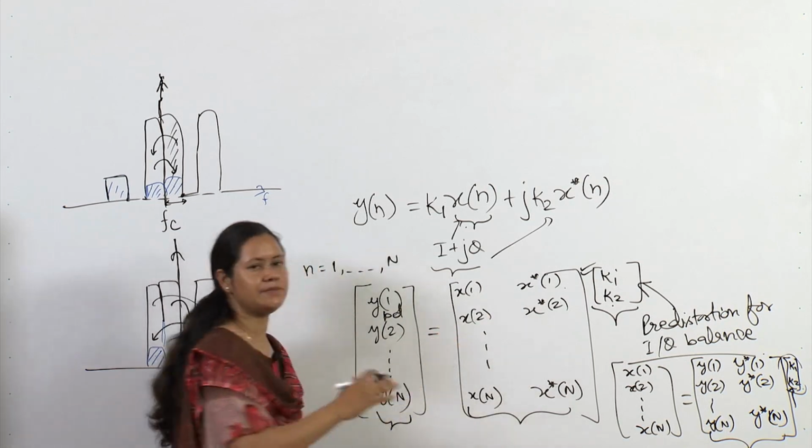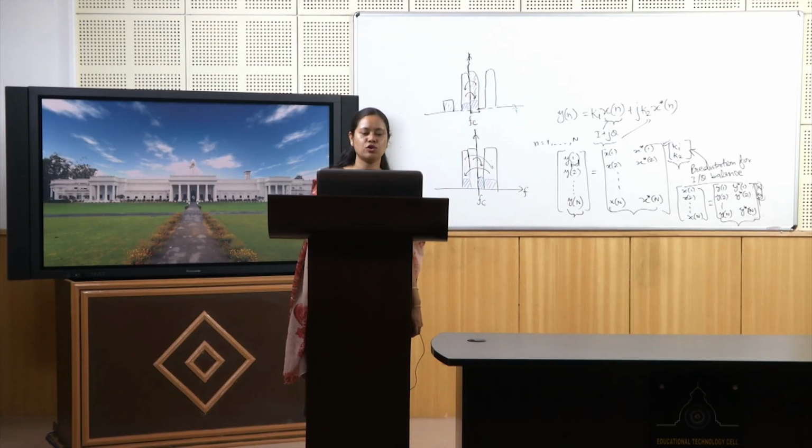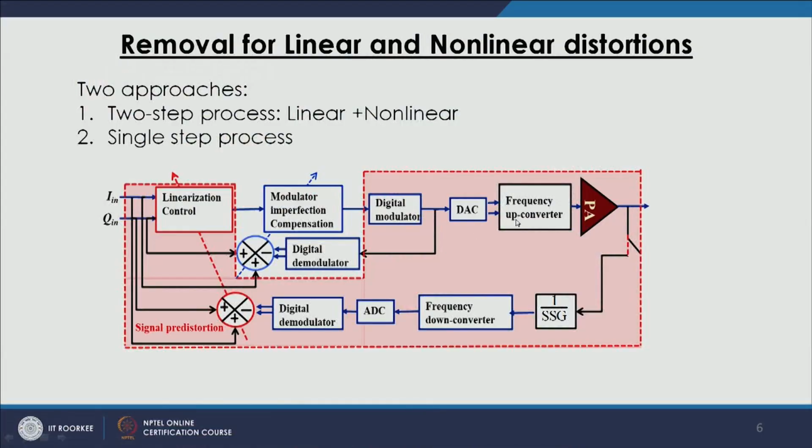When you apply this data, IQ imbalance will be removed. Once IQ imbalance is removed, you give that data to the power amplifier, and for this new data, you will do the normal digital predistortion which we discussed earlier, after removing the linear imperfections of the IQ imbalance.